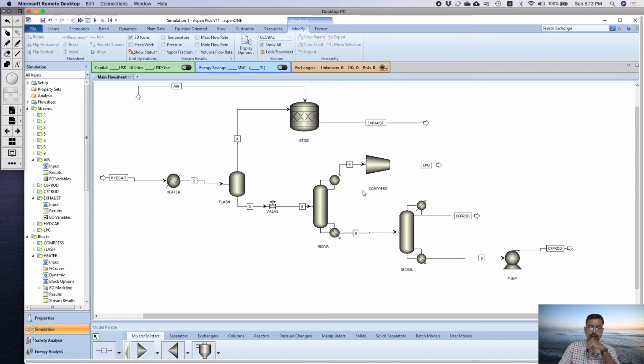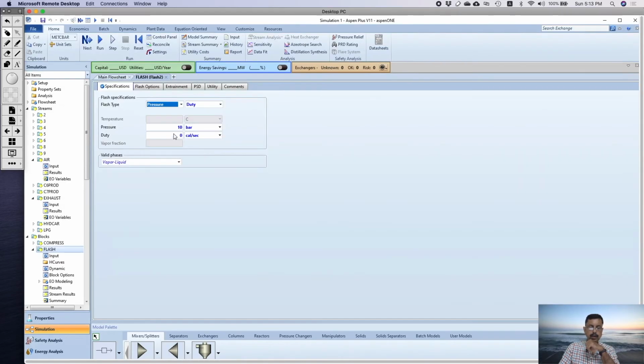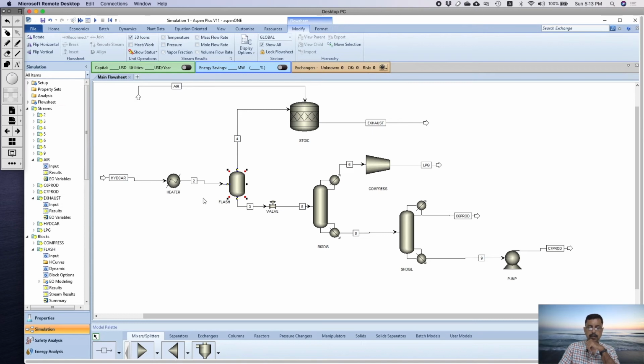Now definitely it will affect the flash condition, and because here there is heat duty 0. Okay, so whatever the heat that is coming from here, it will be going through these two streams. Now let us see whether there is any change that happens with these two.